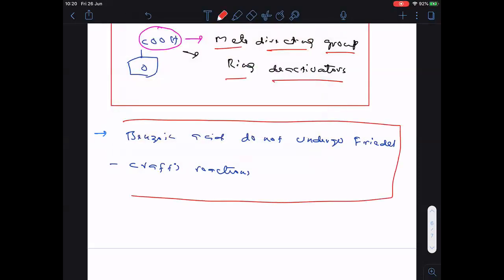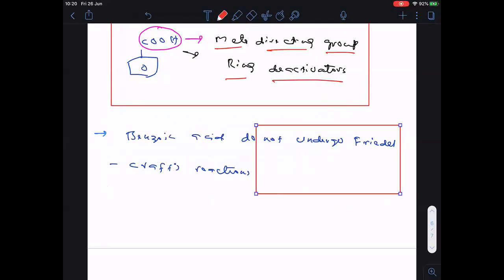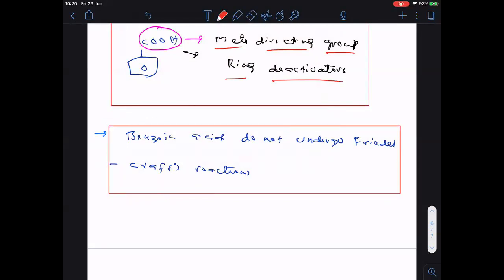In that, one option was benzoic acid only. So benzoic acid does not undergo Friedel-Crafts reactions.